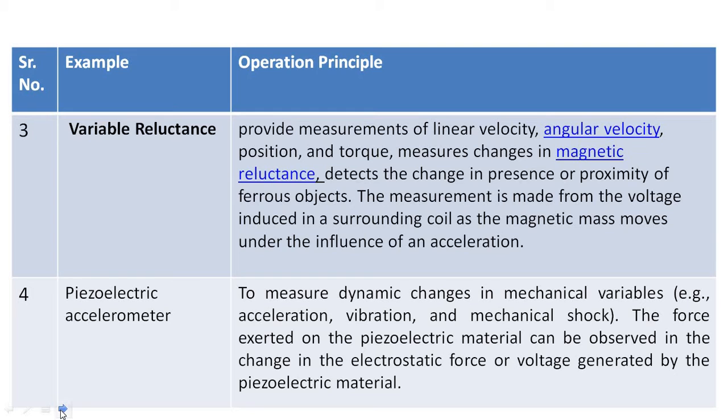The measurement is made from the voltage induced in a surrounding coil as the magnetic mass moves under the influence of an acceleration. So using variable reluctance, you can measure different parameters like position, torque, and velocity, both angular and linear, by changing the magnetic reluctance.